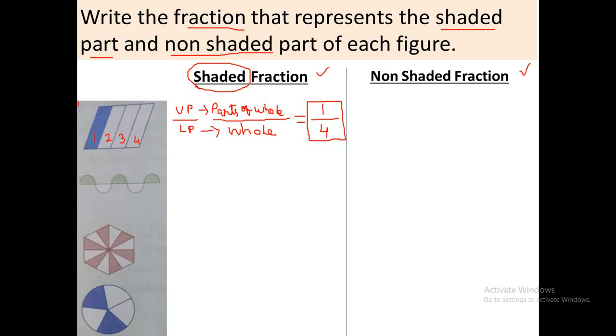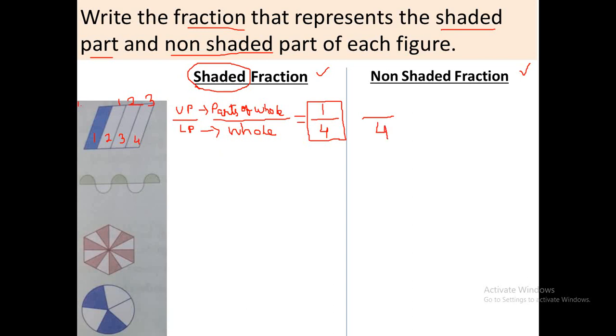Now come to the non-shaded fraction. So how to write the non-shaded part of this figure? How many parts are not shaded? 1, 2, 3 parts are non-shaded. So I will follow the same rule. This is the line of separator. In the upper part I will write parts of whole. The figure has been divided into 4 equal parts, so the lower part always shows the whole, right?